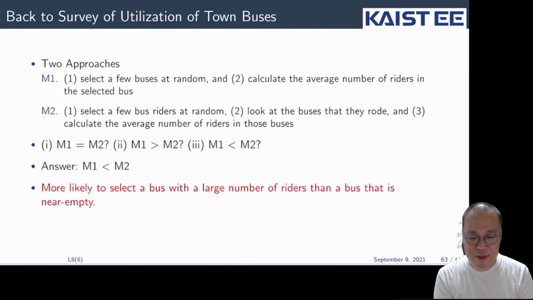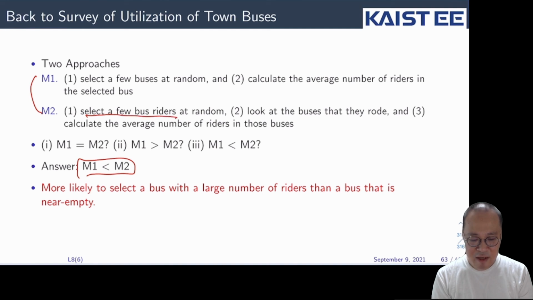Okay. Going back to the problem of the survey of utilization of the town buses. If you think about it, of these M1 and M2, which method would be more correct in order to investigate the availability of the town buses in a more objective manner? Well, the conclusion is that M2 is larger than M1. Why is that?